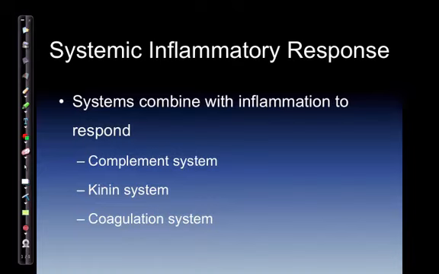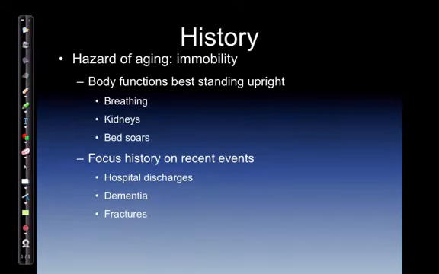So in complement of one another, all of these systems essentially target the infecting invader better. The kinin system keeps them in that one area, so if they're vasodilated, there's no pressure for them to proliferate around the rest of the body, and then the coagulation system essentially clots them up and binds them to that specific area.